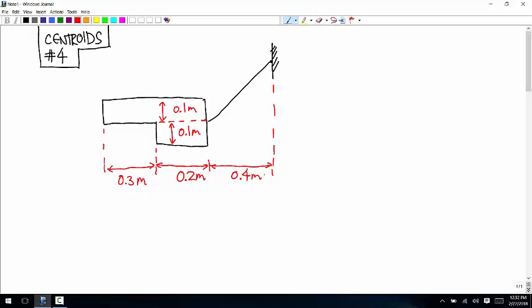And the whole distance from, let me just extend these. This is another 0.1 meter.